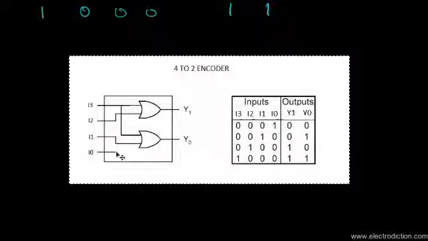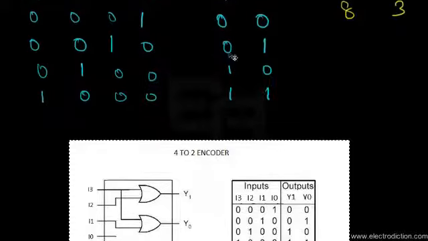Therefore the I0 line is not connected to any of the OR gates, as you can see here, since we would obtain an output of 0 0 anyway. So it doesn't matter as such. This is the wiring required to construct a 4 to 2 encoder using logic gates only. And here is the truth table, which I have already demonstrated.